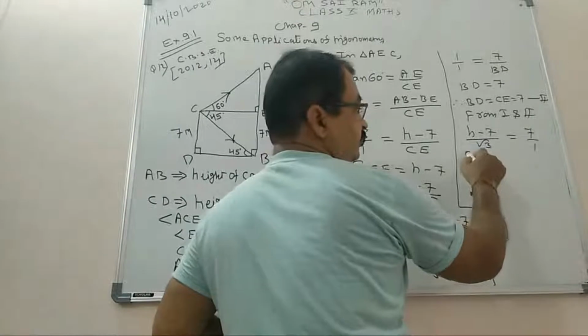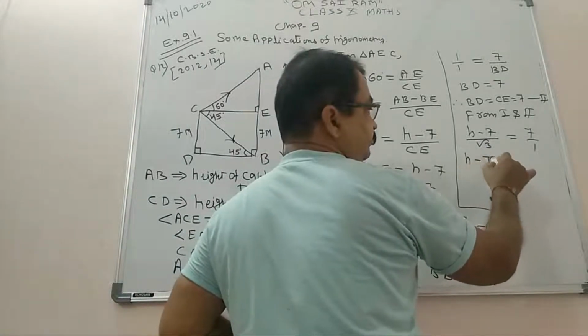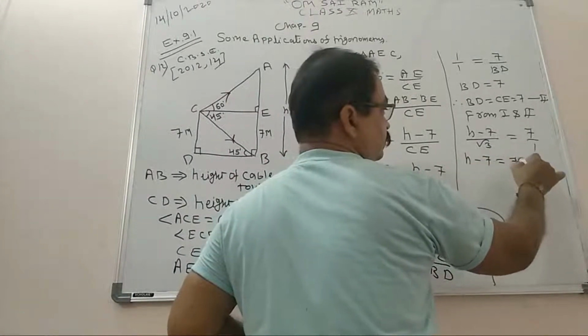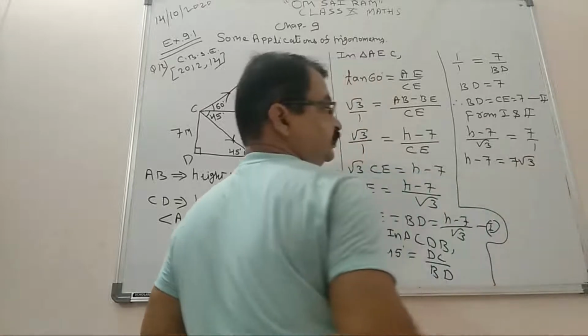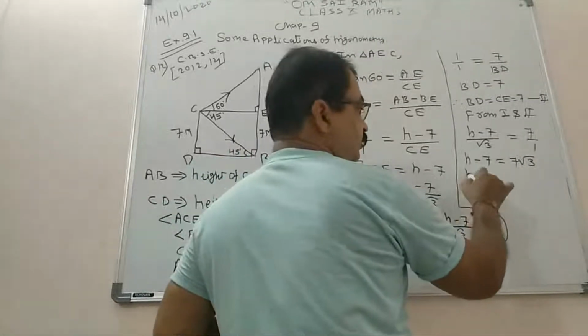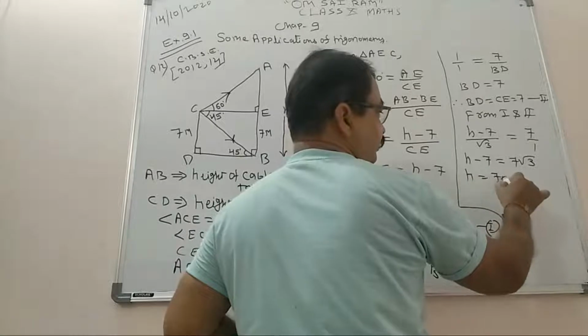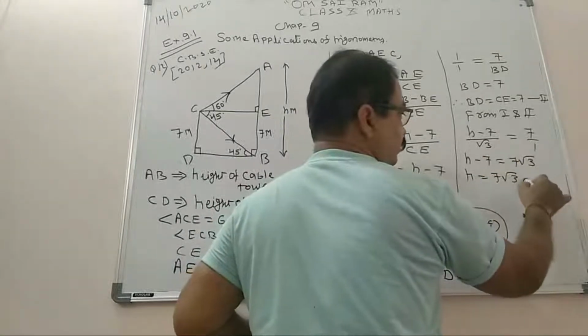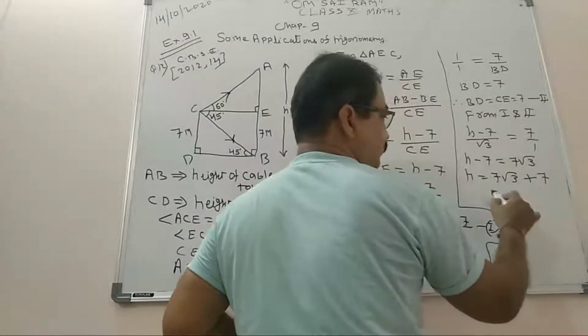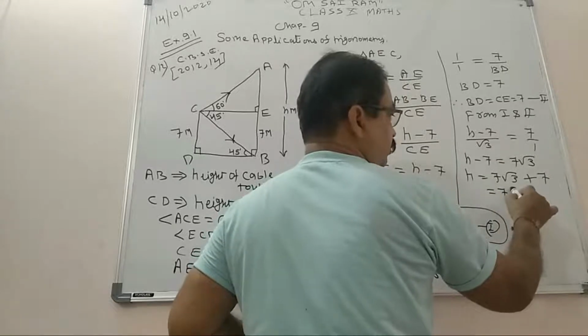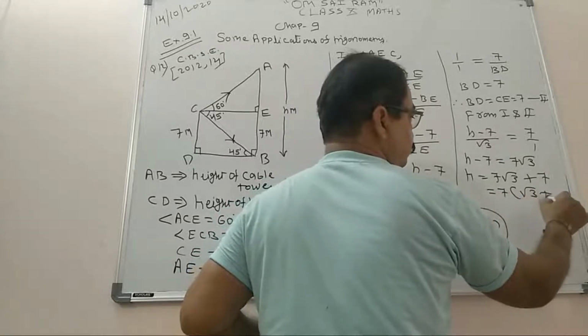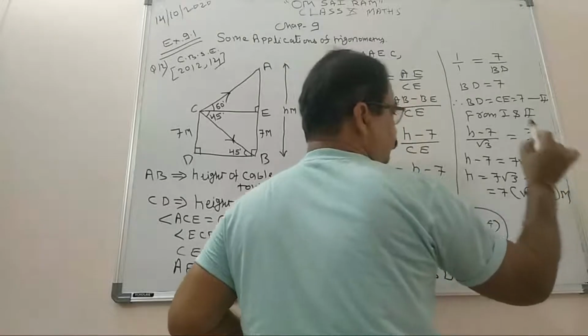Now do the cross multiplication. So what will you get? H minus 7 equal to 7 root 3, right? So H equal to what? 7 root 3 minus 7, you transpose to the right, you will get plus 7. Take the 7 as common. So what will you get? 7 times root 3 plus 1 meter.